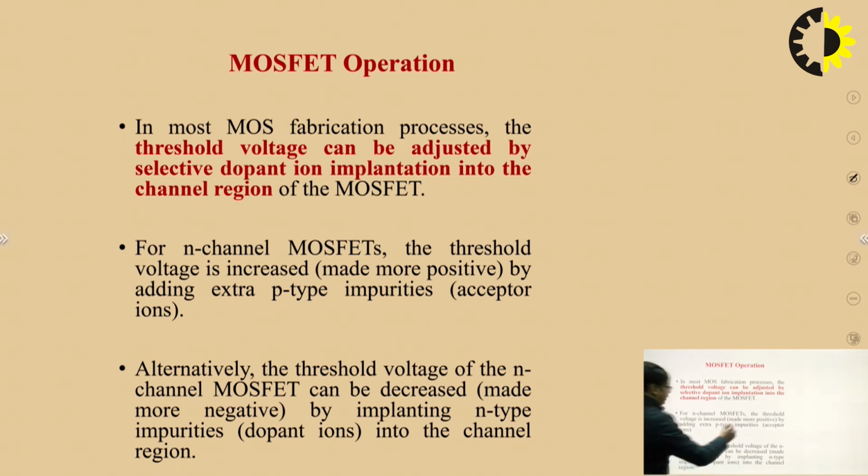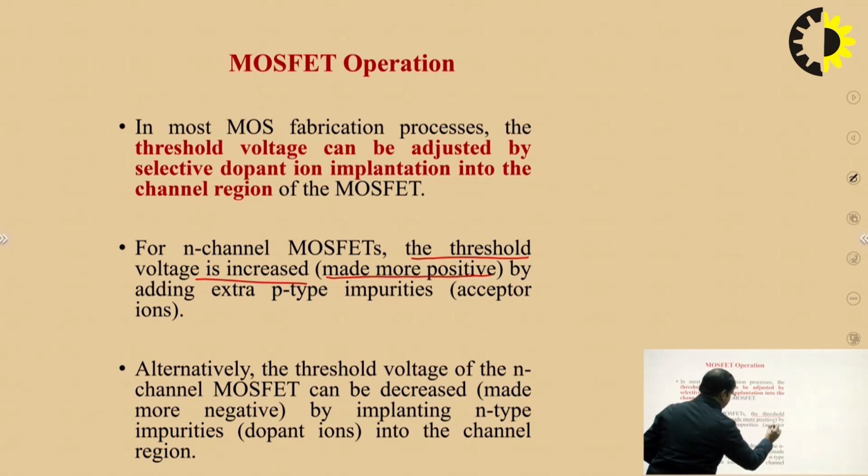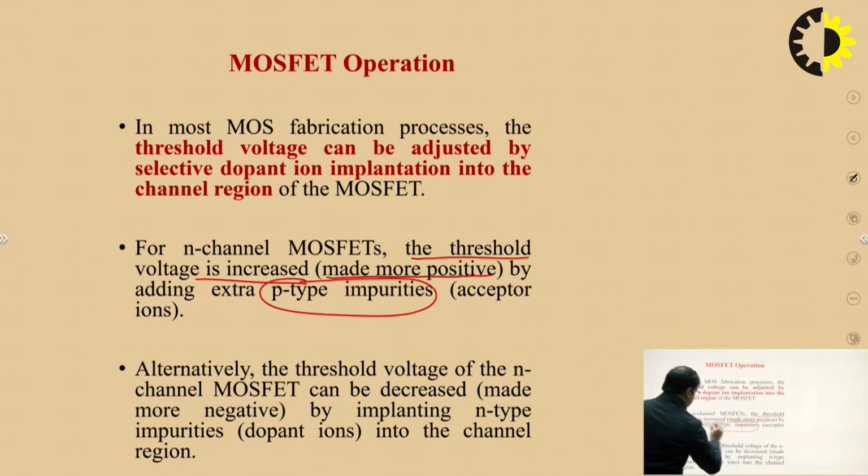The threshold voltage is increased, that is, it is made more positive, if we add p-type impurities, and the threshold voltage can be decreased by implanting n-type impurities.